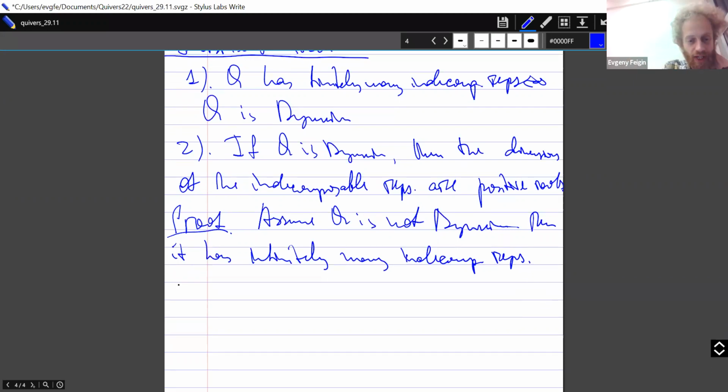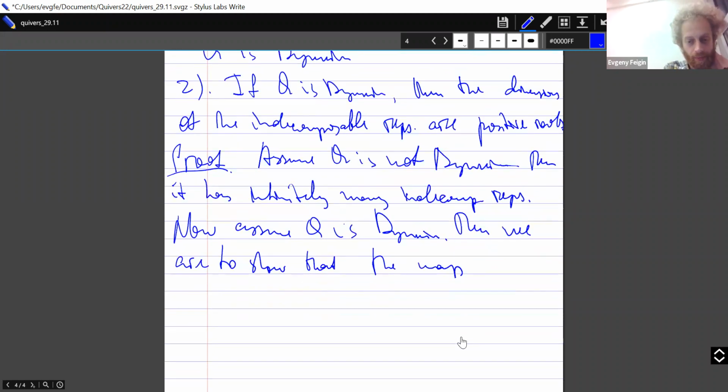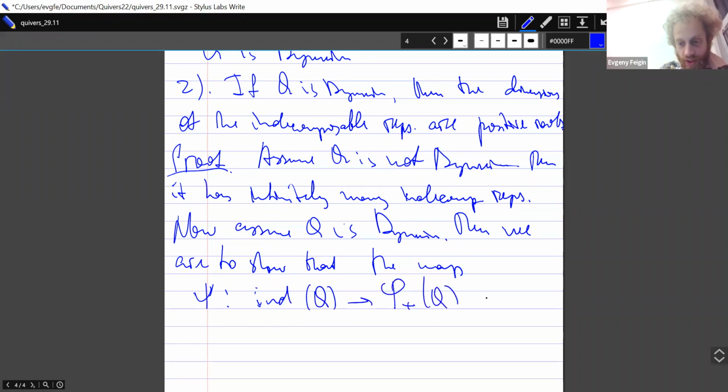But now let us assume Q is Dynkin. Then we are to show that the map psi sending indecomposable representations of Q to positive roots of Q is a bijection.